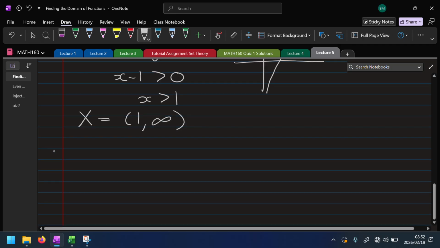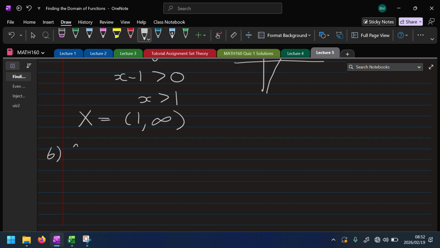So this will be 6 to 10. Number 6, we have f of x is equal to root of x plus 3, over x minus 2. Notice the top we have a root, so that's going to cause some issues. And in the bottom, we can't divide by 0, so that's going to be some issues there as well.